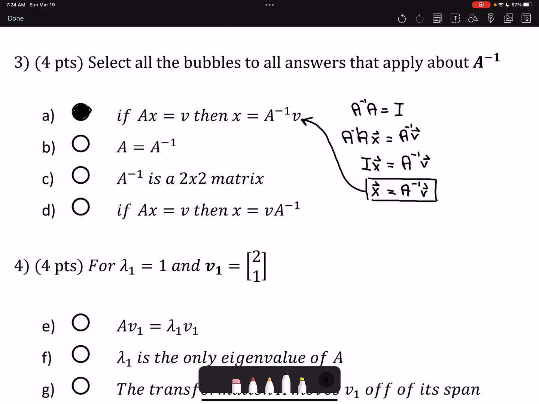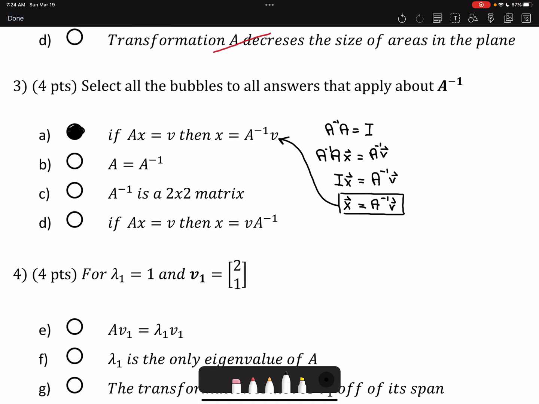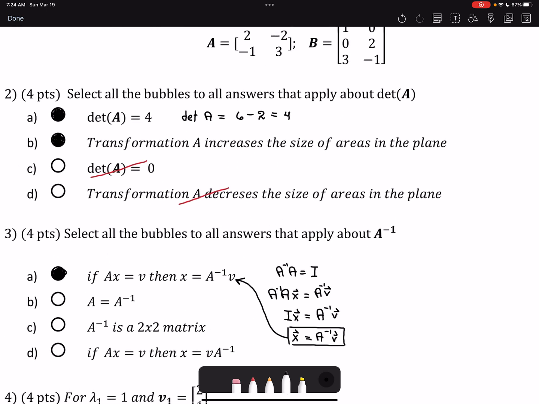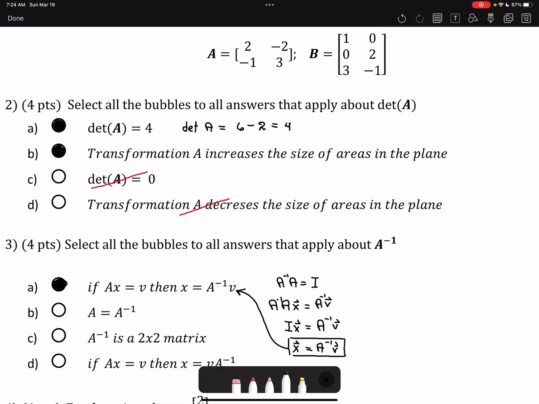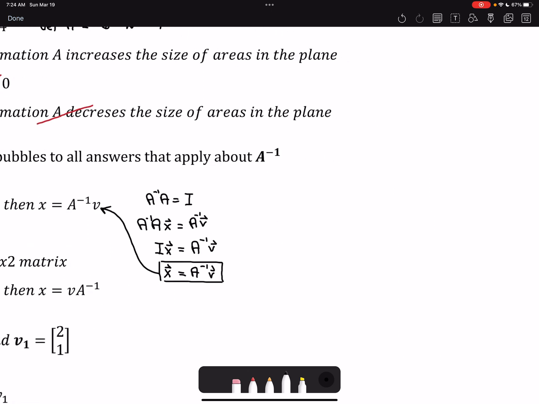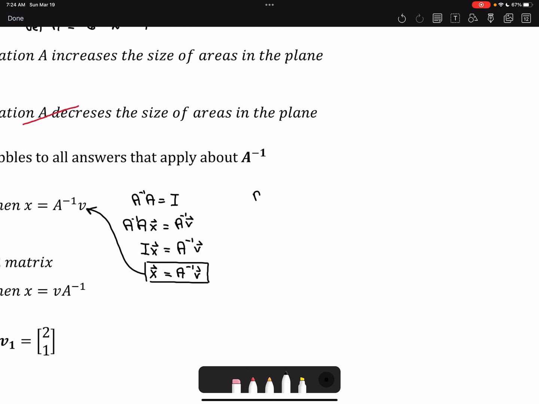And then let's see if the matrix A is equal to the inverse of A. To do that, we'd have to calculate the inverse of A. So I'll calculate the inverse of A right here with the adjoint method.